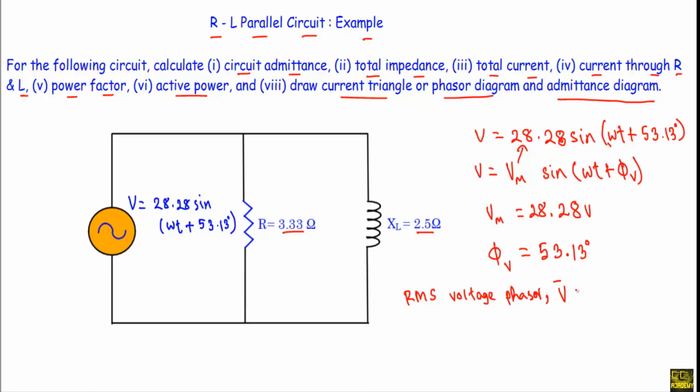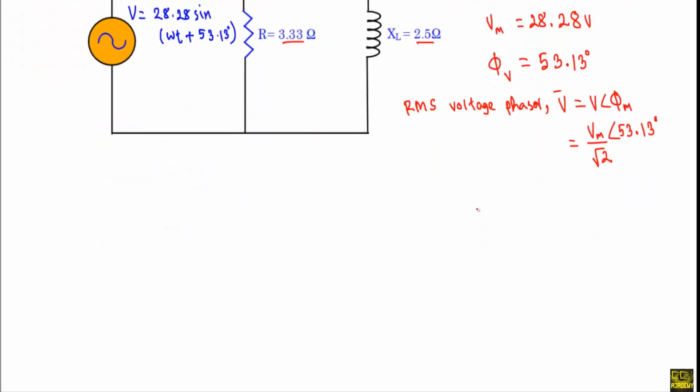Okay, now see the RMS voltage phasor. V vector will be equal to V phase angle phi V. This V will be equal to Vm over root 2 and phase angle phi V. Now see, Vm is equal to 28.28 over root 2 with phase angle 53.13 degree.